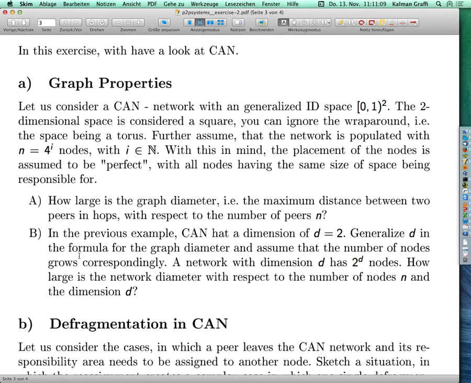You have to cross it once for every axis, so d times so many nodes you have to cross. It's the same length whether you go first fully to the right and then up, or whether you go across. And that's why it's d times the d-th root of n.